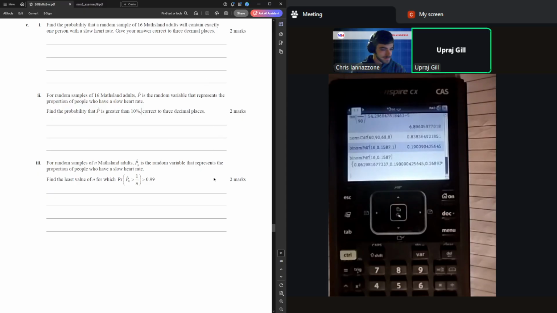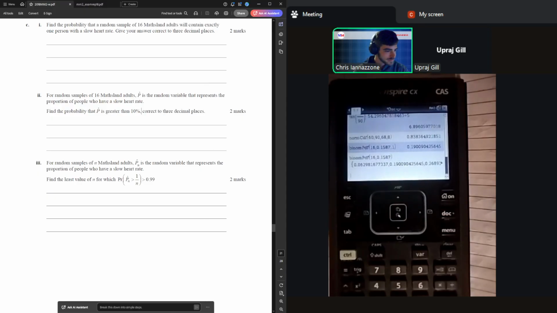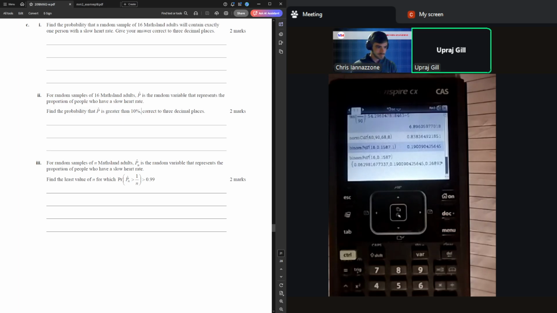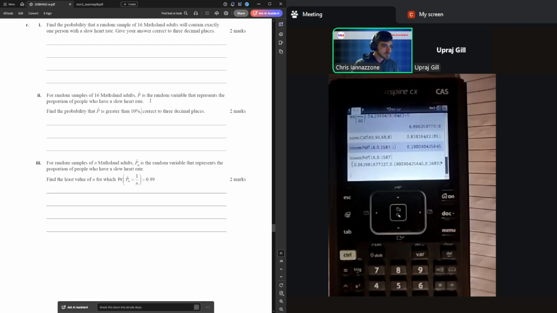Right, let me try that. Yeah, go for it. Would our probability, the success part, still be the same? Yeah, because we're still talking about slow heart rate.